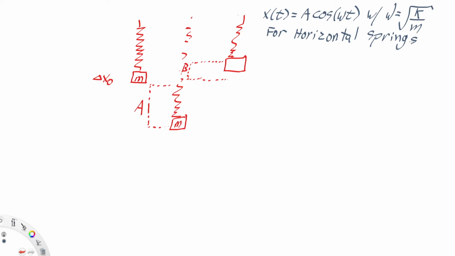So what's the wrinkle here? Like what's different about a vertical spring versus a horizontal spring? Anybody chime up?